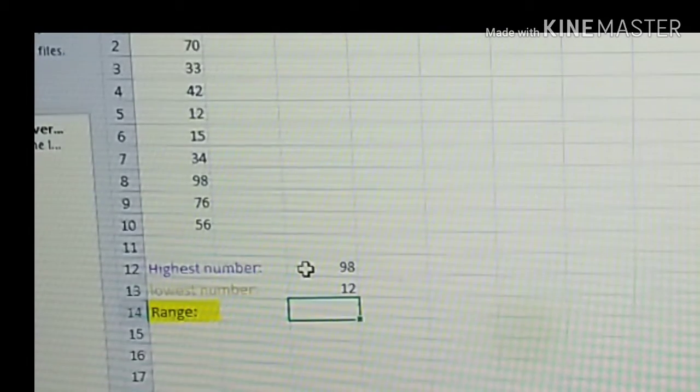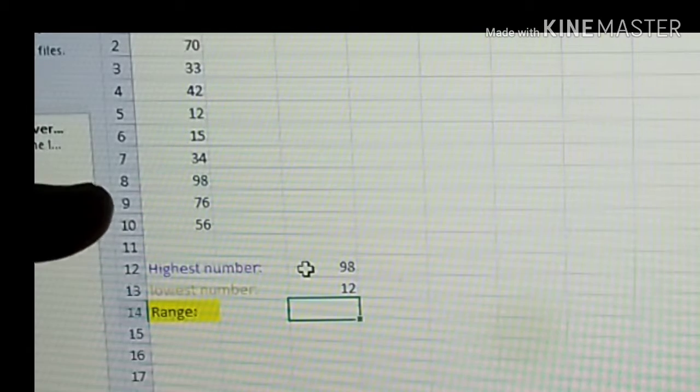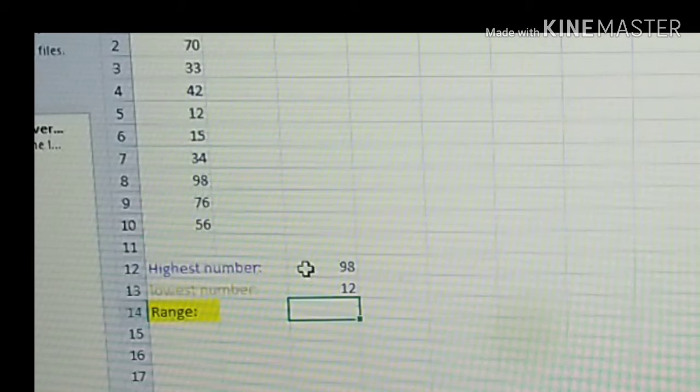So, how can we get the range? To get the range, first we need to get the highest number and the lowest number. Then we find the difference between the highest number and the lowest number.